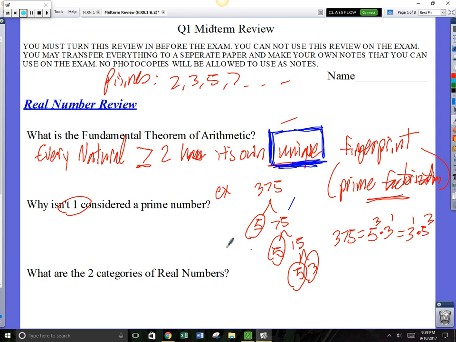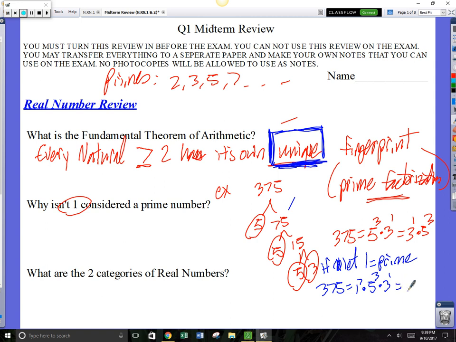For example, if we let 1 be prime, then 375 could have the fingerprint of 1 to the 7th times 5 cubed times 3 to the 1.